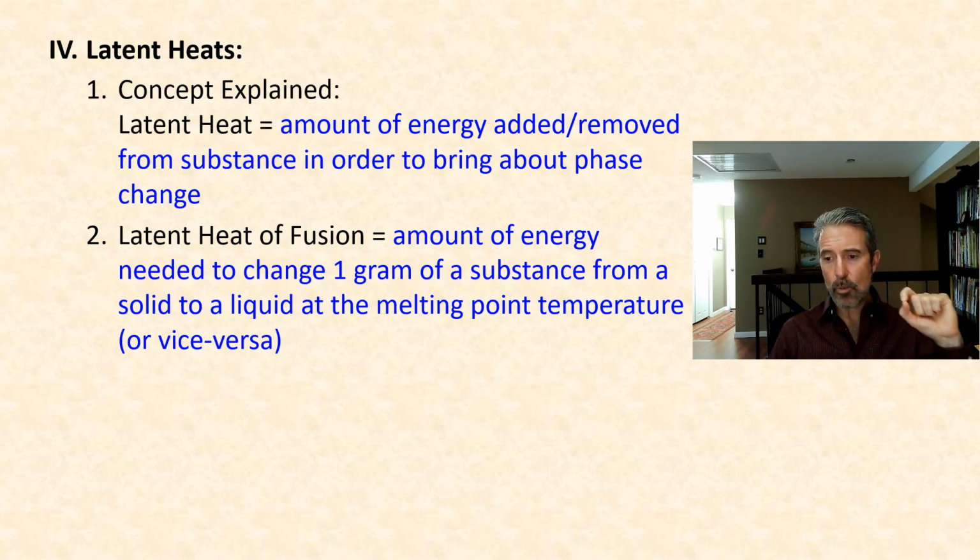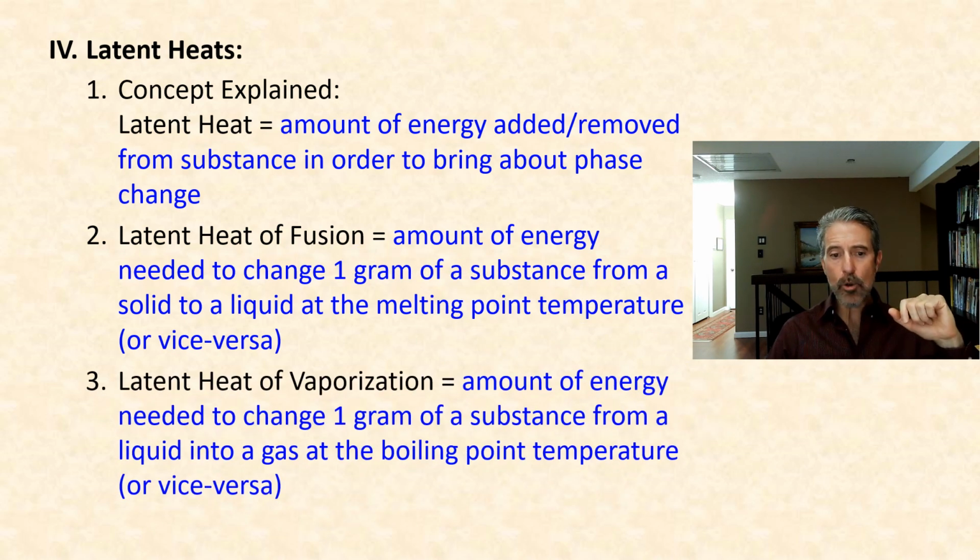So you see here, when we talk about the latent heat, we're talking about the energy added just to bring about the phase change, not to increase the temperature of the substance. When the reverse process occurs, that is when liquid water turns back into solid ice, we can similarly say that 334 joules of heat is removed from each gram of water in order to bring about that phase change.